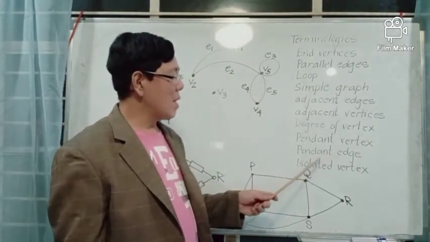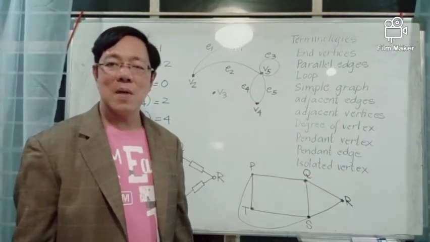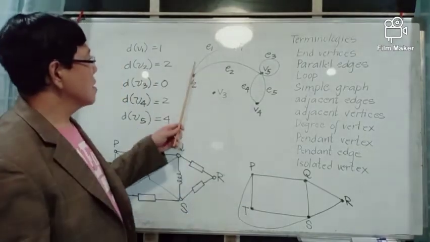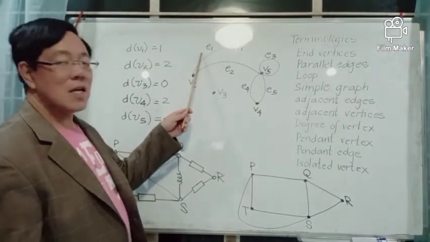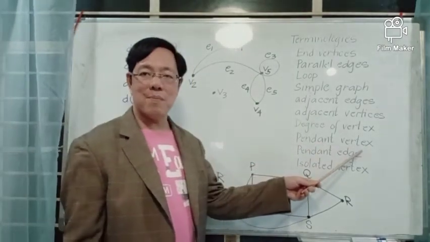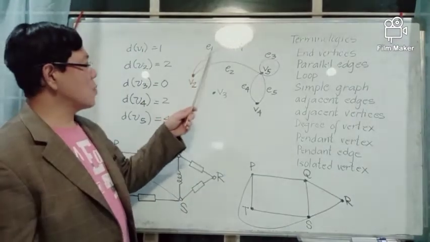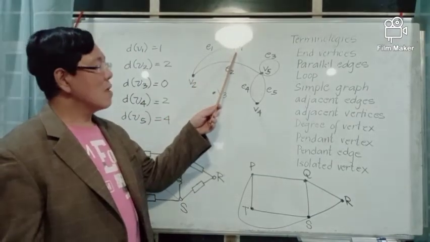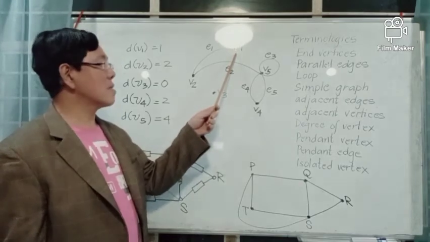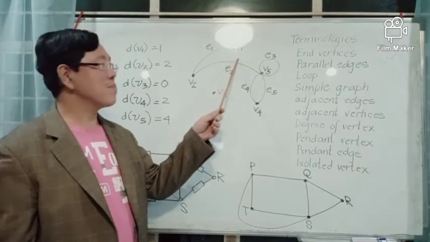Now, a pendant edge is an edge that has a pendant vertex as an end vertex. And edge E1 is an example of a pendant edge because this edge E1 has the vertex B1, which is a pendant vertex, as one of its end vertices.